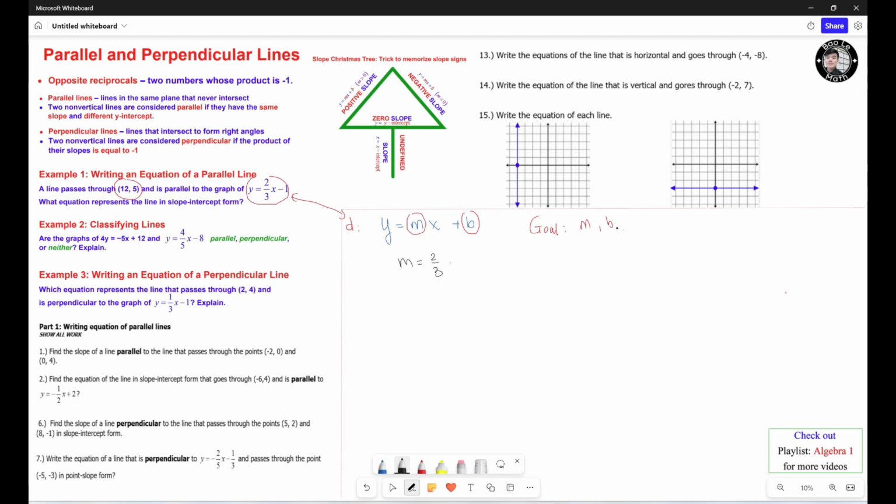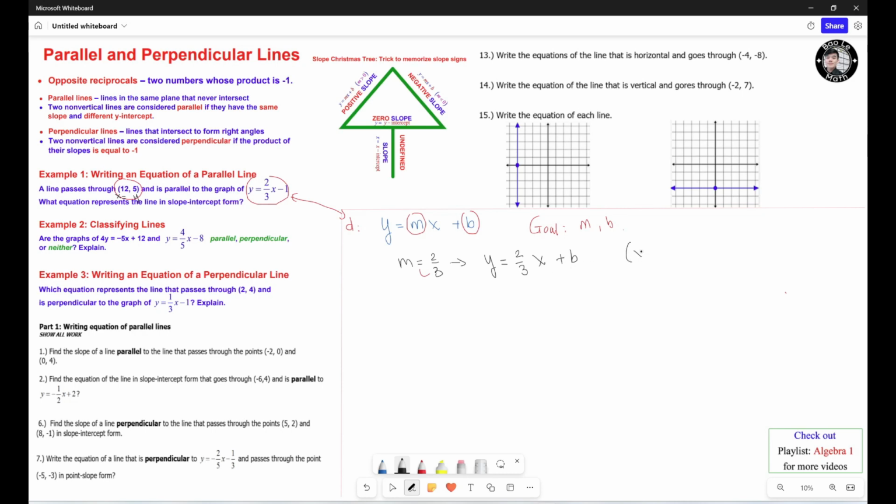Now I need to find the y-intercept. So m equals 2/3, I substitute back into this equation. So I have y equals 2/3 times x plus b. I know that line D passes through this point, which means x equals 12 and y equals 5.